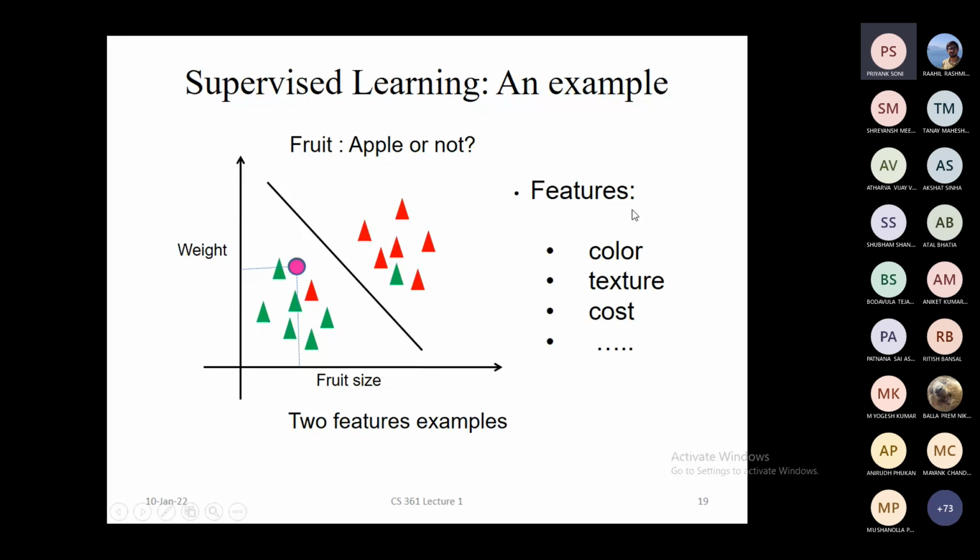And what are the different features? There may be color as a feature, texture as a feature, cost as a feature, and so many features.